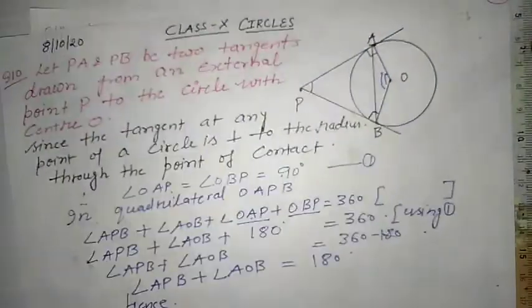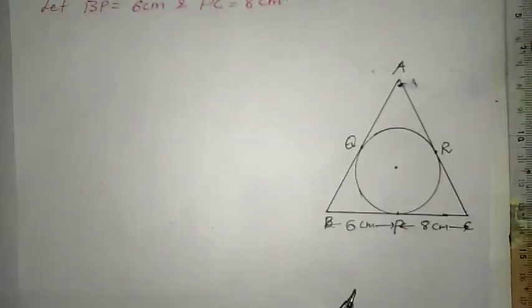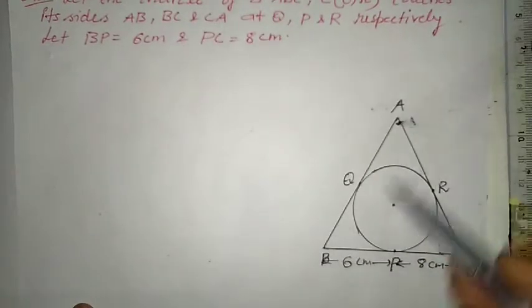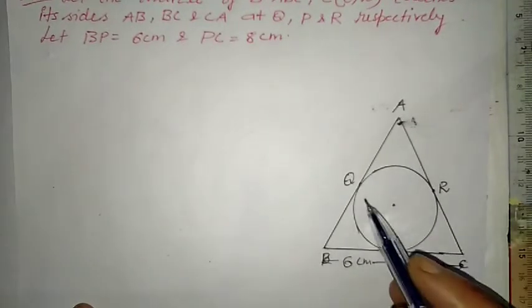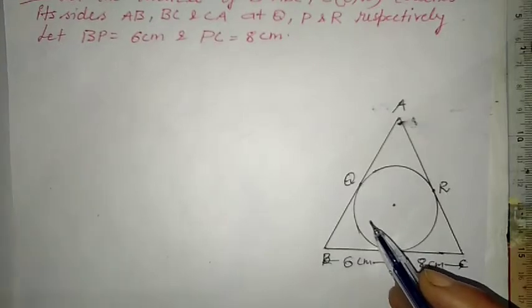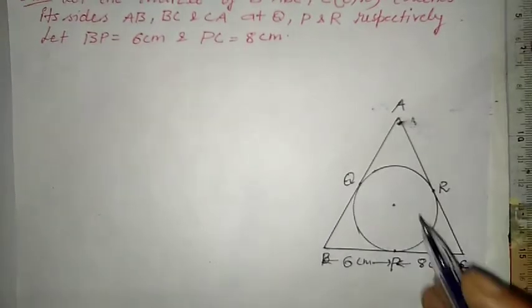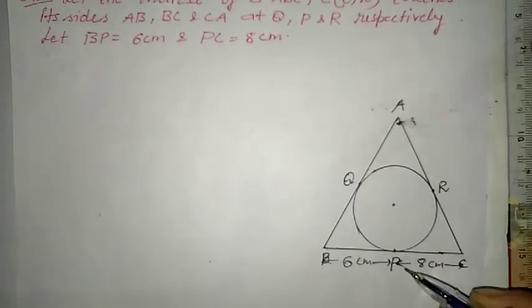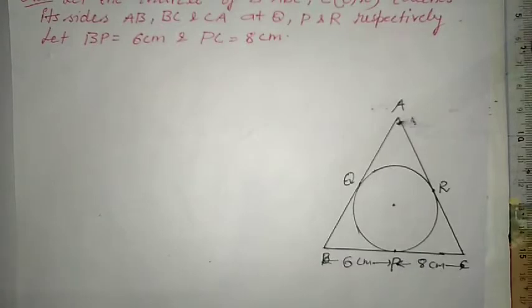Okay, so here we have the figure. In this question, a triangle ABC is given, and the points of tangency are given, that is P, Q and R. Here I have written P. In the book this is given as D. So no problem, I can write P here.